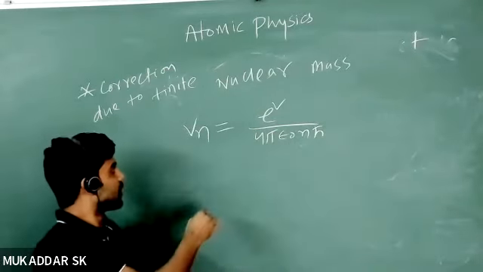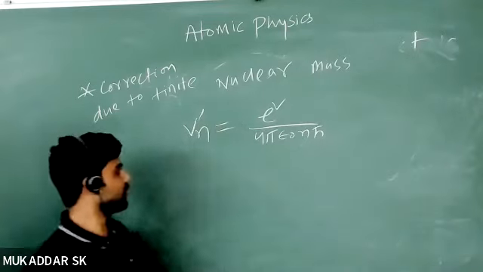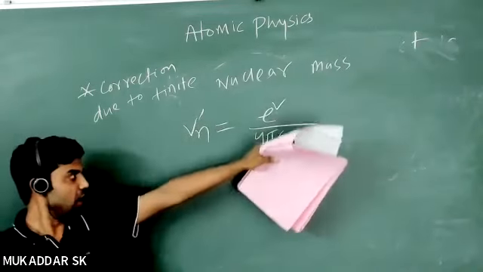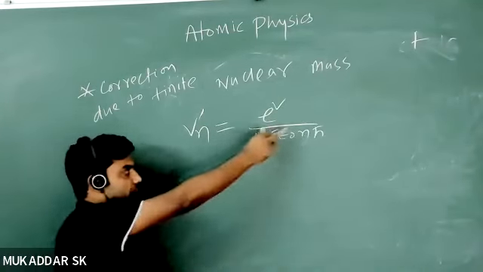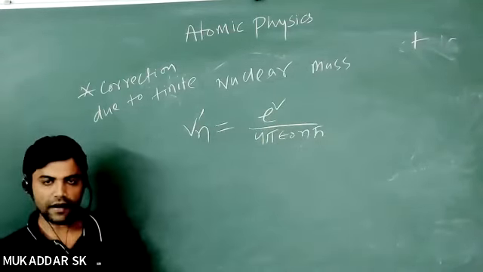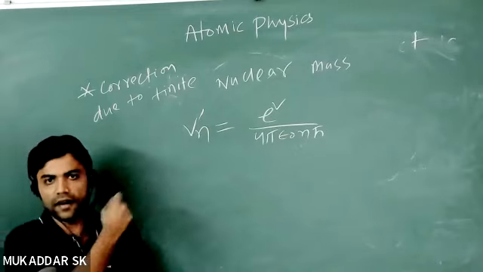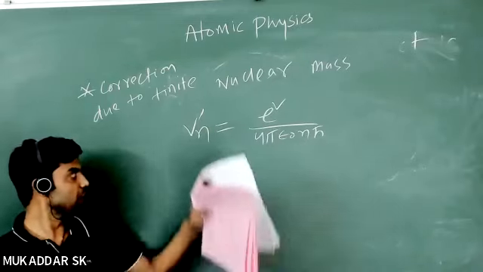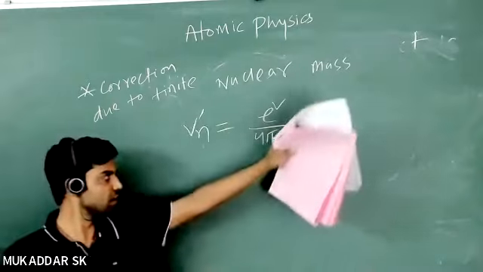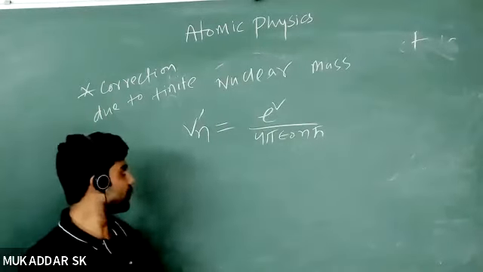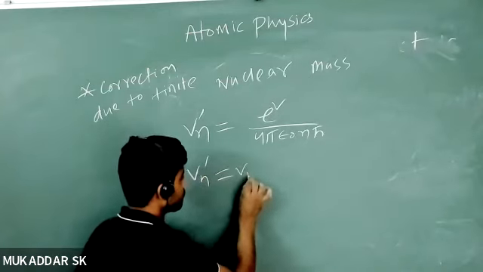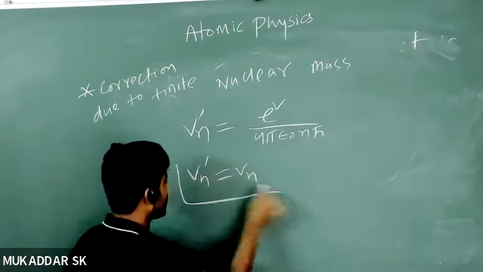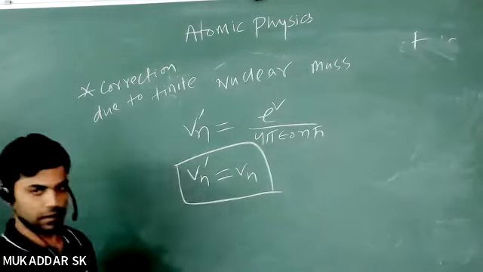Now if you insert that mu here, you can clearly see on the right hand side there is no mass. Speed is independent of the mass. So whatever correction you are doing due to the finite mass of the nucleus, there will be no effect on the speed because it is independent of mass. So Vn dash is nothing but Vn. After that correction, there will be no change in speed.